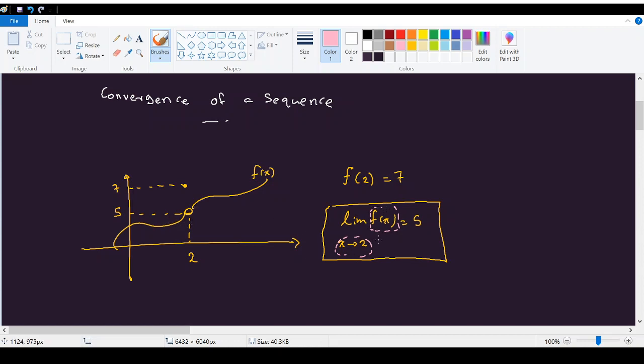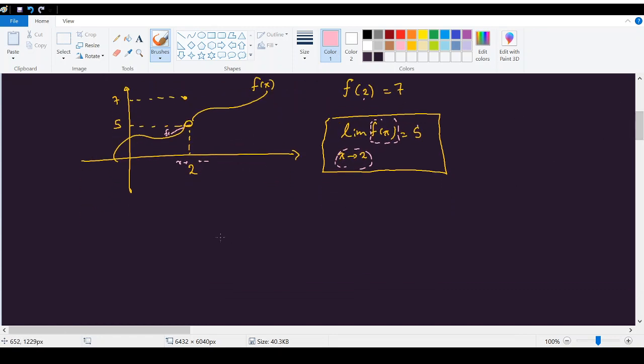So the value of the function at 2 need not be equal to 5, but it looks like the function values approach 5 when x goes to 2 from both sides, right? So that's the basic idea of a limit.